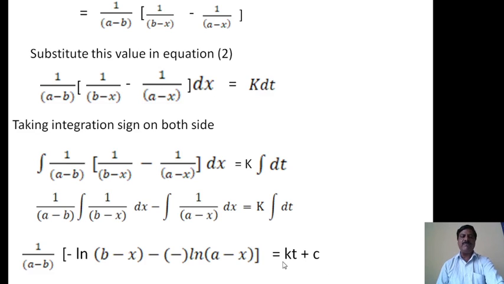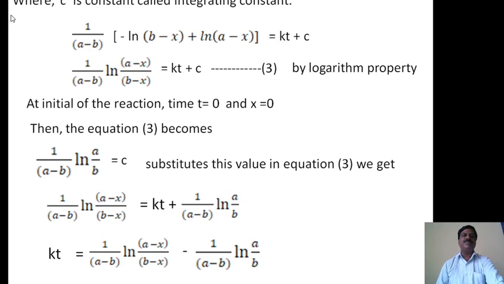Now you have to simplify further. We will get 1 divided by (a minus b) into [minus ln of (b minus x), plus, minus minus plus, it is plus ln of (a minus x)], close the bracket, equal to kt plus c.